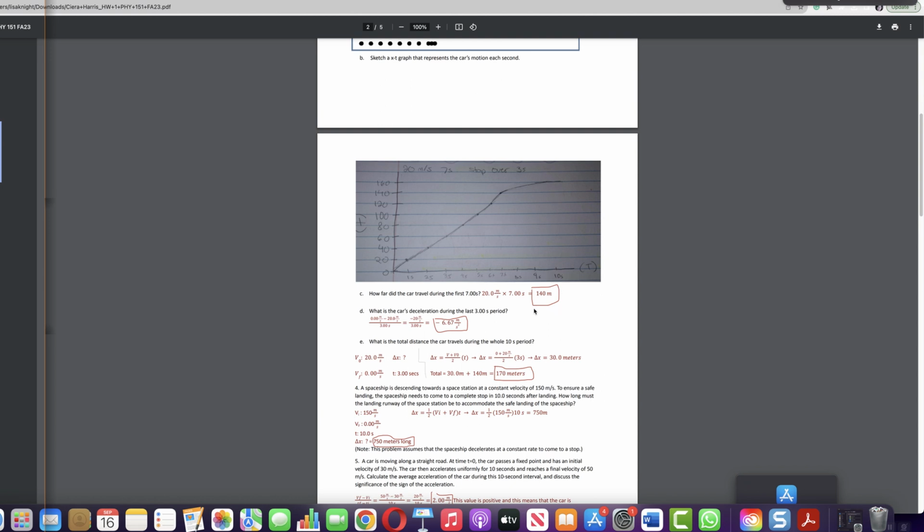I did that in class for you. We found how far the car traveled over 7 seconds, which was just the constant speed times the time, 140 meters. And what I was really looking for was that you showed me your work in D.